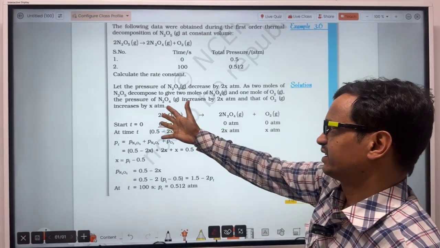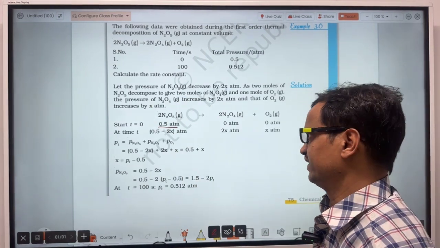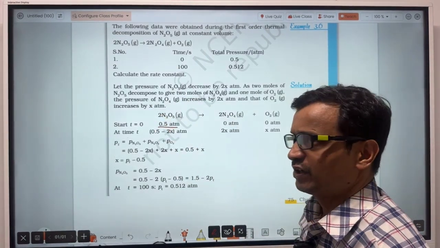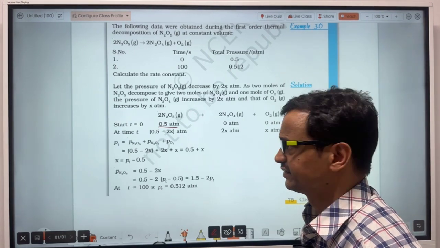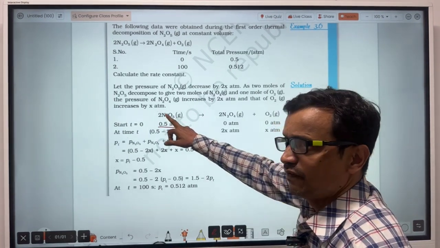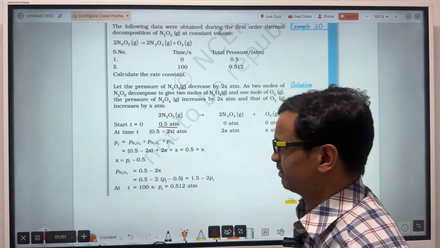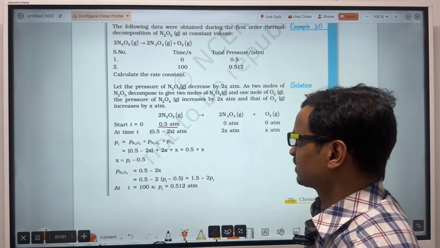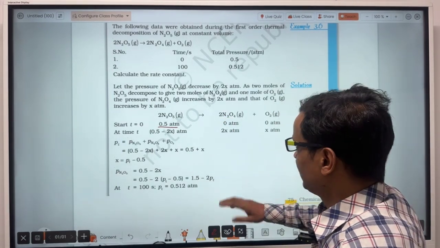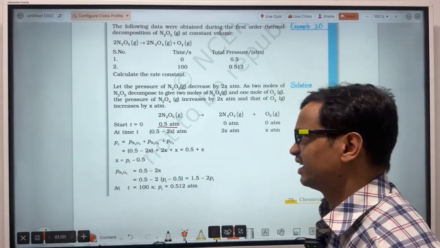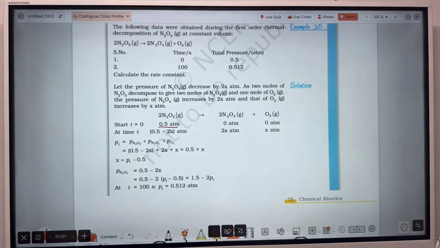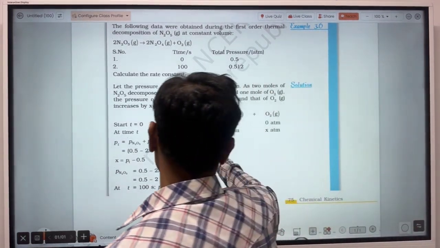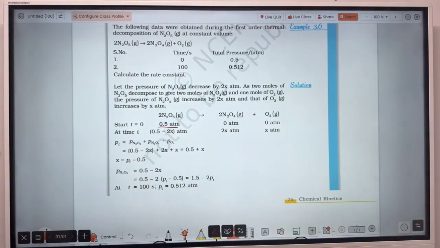If there are 10 particles of N2O5, then 10 particles of N2O4 will form and 5 particles of oxygen will form. So if its pressure decreases by 2 atm, the partial pressure of N2O4 will increase by 2 atm and the partial pressure of oxygen will increase by 1 atm. That is based on the stoichiometric coefficient.